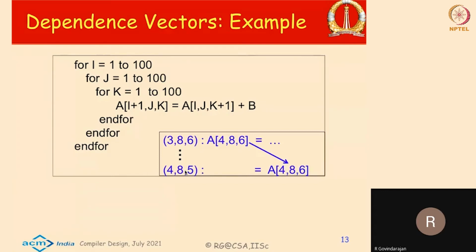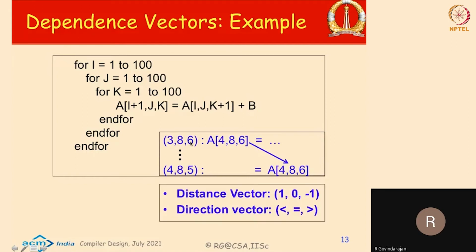Therefore, if you try to capture this dependence in terms of a vector, it essentially tells you that the distance between these two iteration vectors is basically 1, 0, and minus 1, right? That's what we call the distance vector.